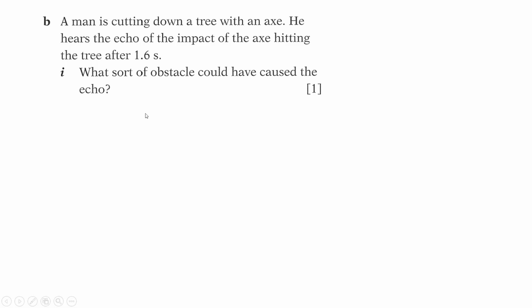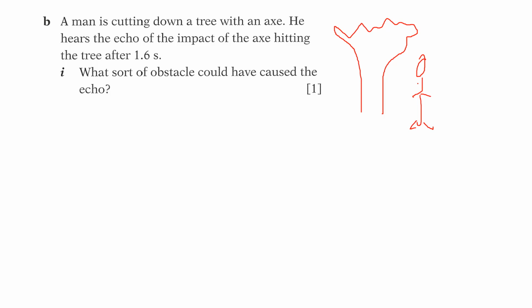Here, what do you mean by it? There is a person, he is cutting. This is a tree, and someone is cutting the tree. So he is using an axe. So he heard an echo.